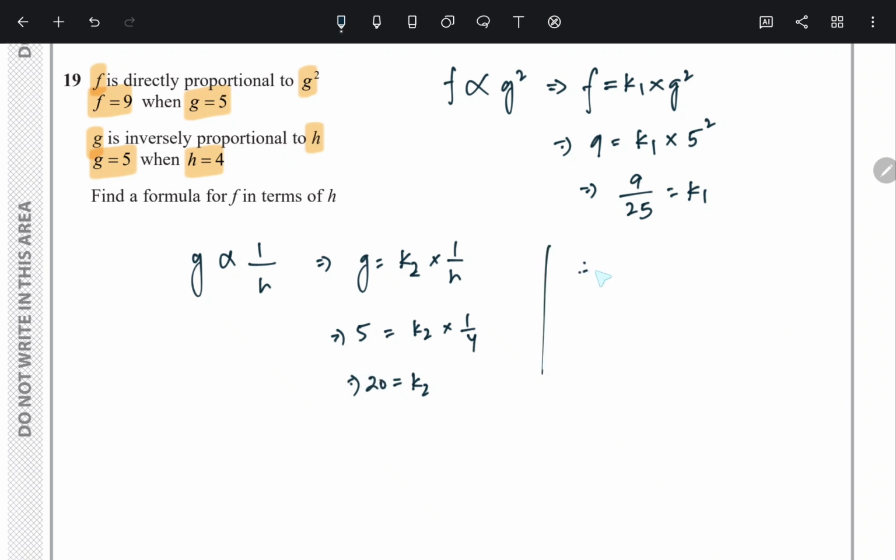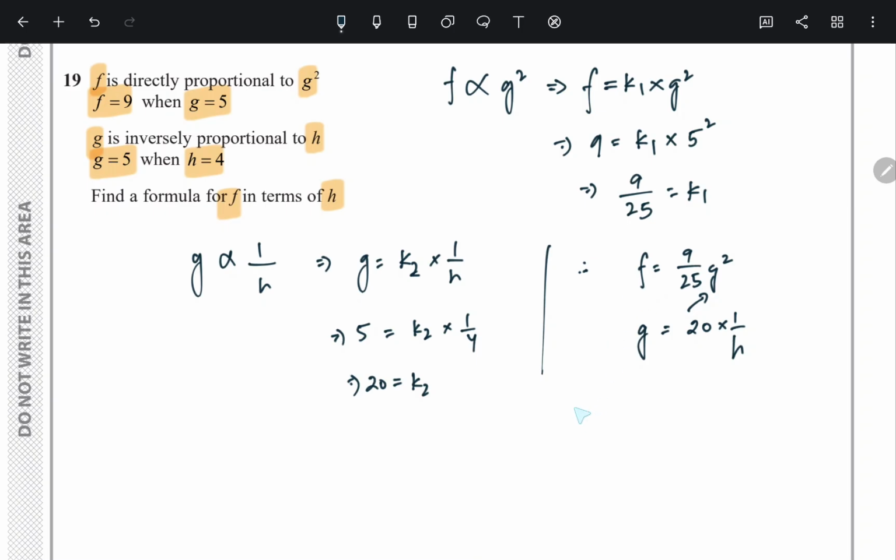So we have a relationship between f and g squared. So f is equal to 9 by 25 g squared. And we have an equation in g and h. That's g equals 20 into 1 by h. And you were asked to find f in terms of h. So I can replace g here.